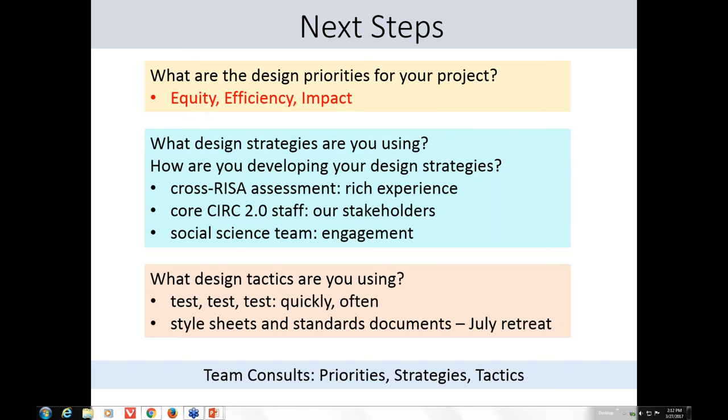Oh, the white paper or the standards? There's the white paper that includes all of the frameworks that we'll be talking about in the webinar, and that is now available. And the style sheet and the standards documents are going to be brought to the CIRC group in their July retreat. And so that'll be a product that comes out of this year of CIRC. I think I'm talking about the white paper. Okay, Megan can distribute that. Great, thank you.